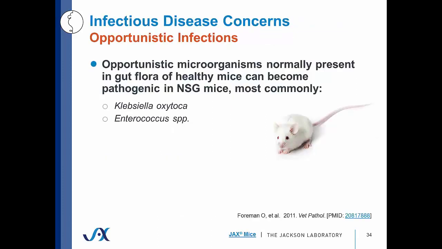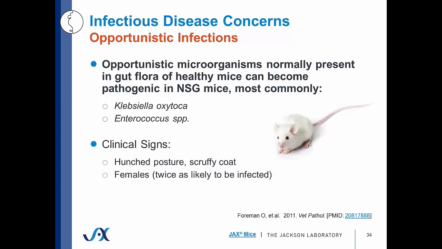In addition to these opportunistic infections, these pathogenic microbes, NSG mice are extremely susceptible to even commensal organisms, including Klebsiella oxytoca, which is found everywhere, but is commonly regarded as an opportunistic microbe that can cause disease. It causes diseases such as pneumonia, UTIs, septicemia, and diarrhea. And finally, Enterococcus, which is a commensal in the gut, but it can cause UTI, bacteremia, and meningitis.